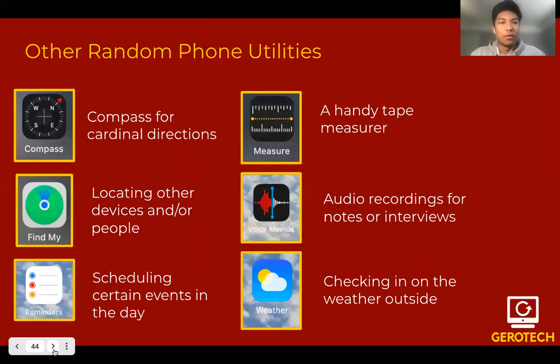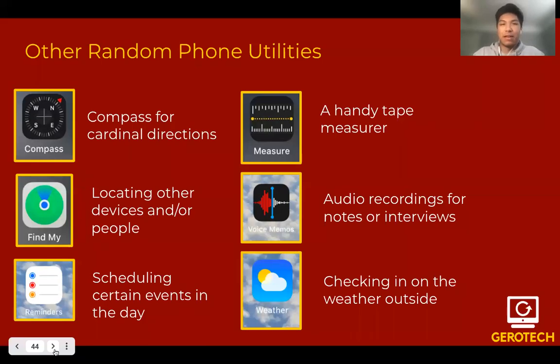And so I'll just start with some of the phone utilities that you may have on both your iPhone or your iPad. So things like the compass feature and the measure feature are pretty self-explanatory. And the compass, if you ever need a compass to find a cardinal direction wherever you are, you're free to use that.